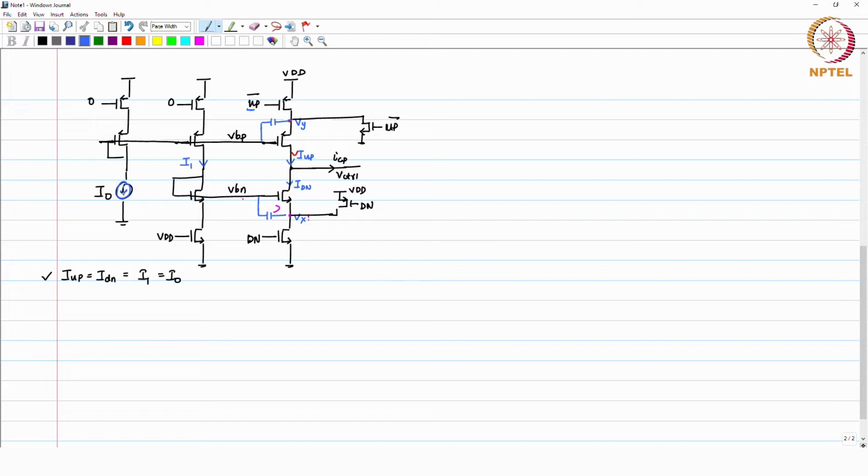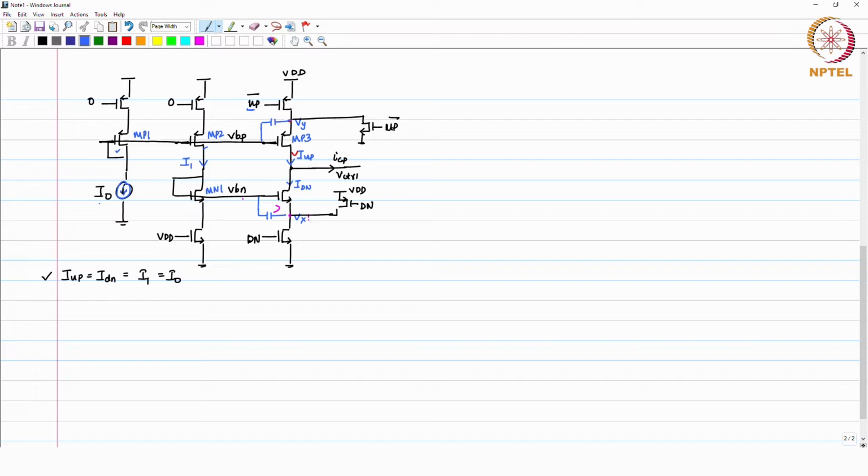Now, what happens is that if you just take these two transistors, the current sources, let us call them MP1 and this is MP2. Based on the mismatch between these two transistors MP1 and MP2, your current I1 is going to vary from I naught. So, I will write this MP1, MP2, MP3.